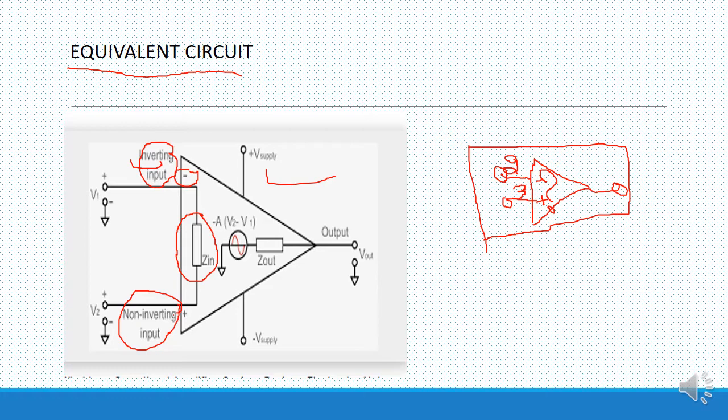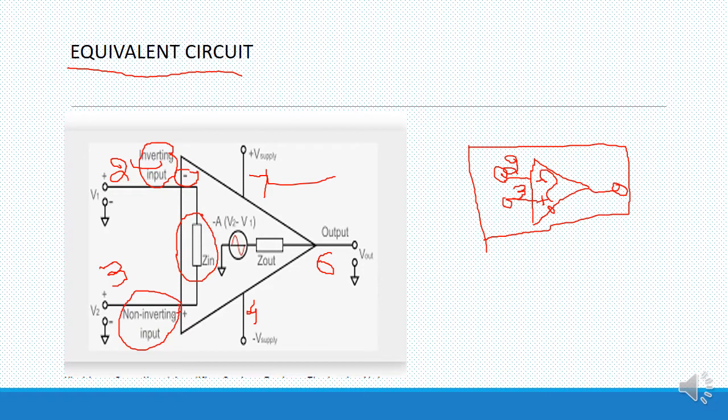Next, we are having the two pins. This is your pin number 2 and this is your pin number 3. Always pin number 7 is connected to the positive of the power supply and pin number 4 is connected to the negative of the power supply. And pin 6 is nothing but your output.